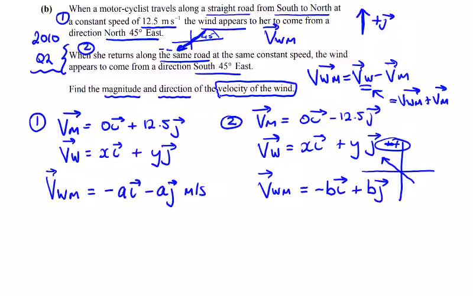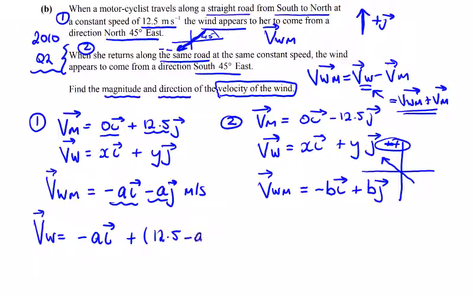So what can we say here? Well, we have two things that we can equate once we get the velocity of the wind in terms of a and b. The velocity of the wind, as we said up here, is these two things added together. So my two i's are 0 minus a, so minus a in the i direction, and we have 12.5 minus a in the j direction.